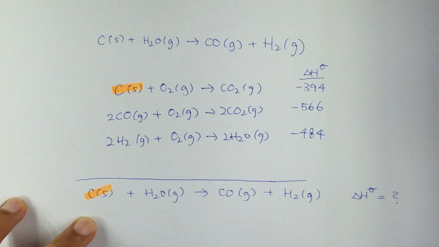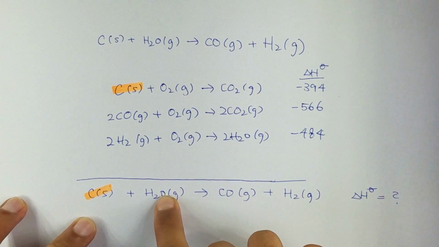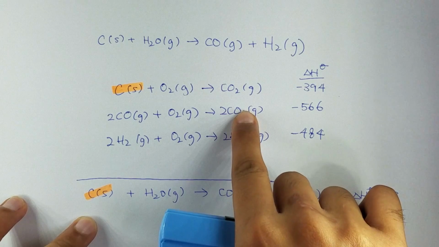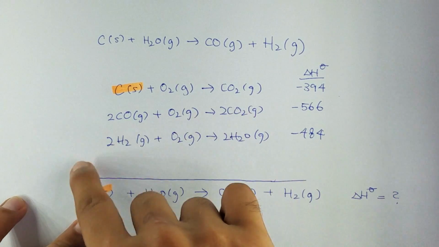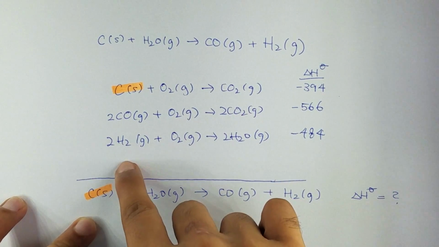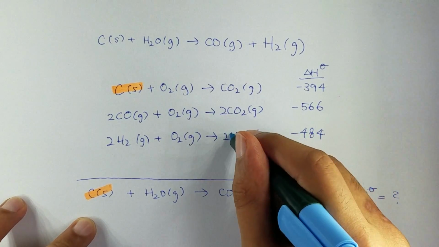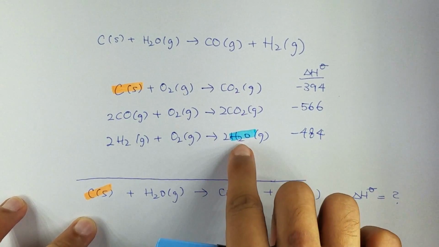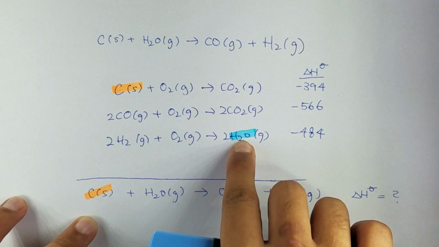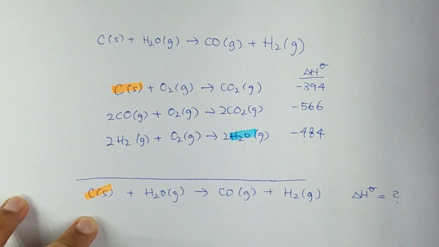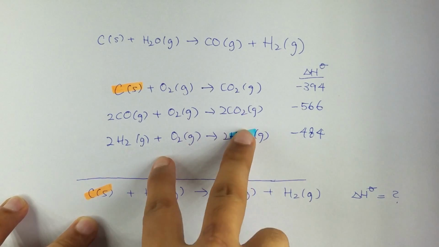Next, we need water. Let's look at the second equation. Does it have water? Nope, it doesn't have water. So we move on to the third equation. It has hydrogen, oxygen, and water. Yes, we have water over here, but it's on the right side. So what do we do? We have to bring it to the left side. How do we do it? We learned this in chapter 34 that we can flip.